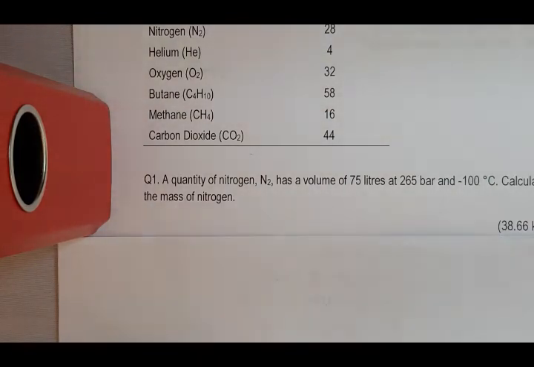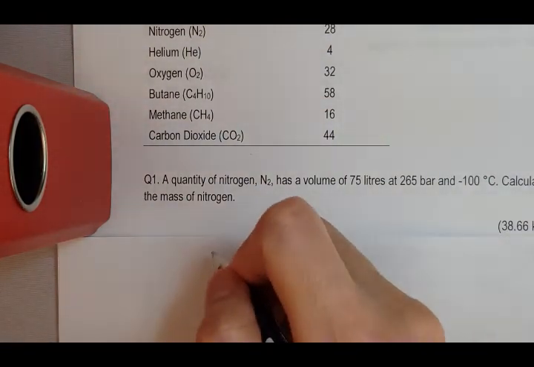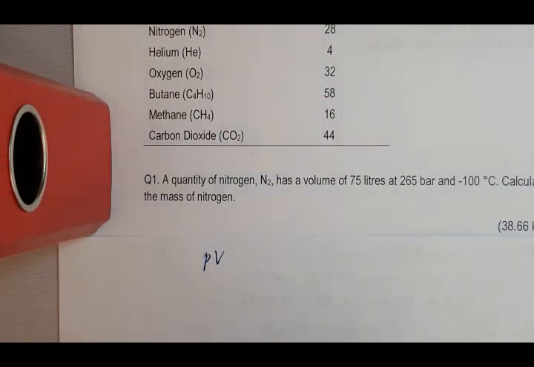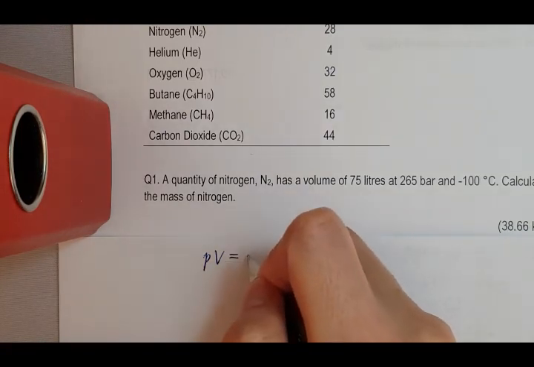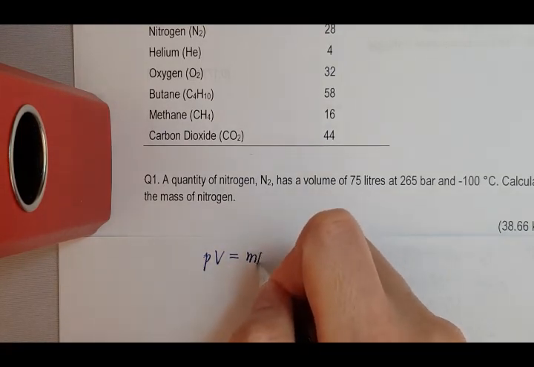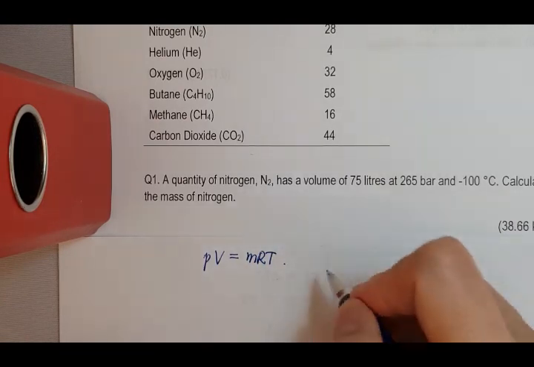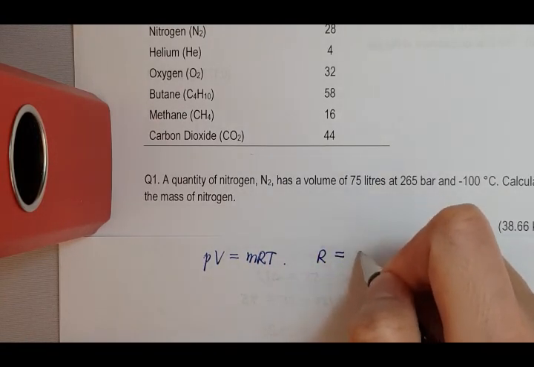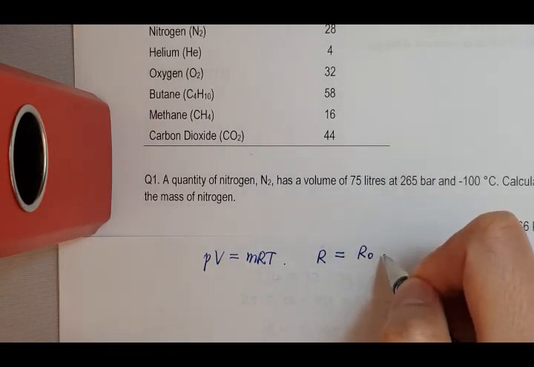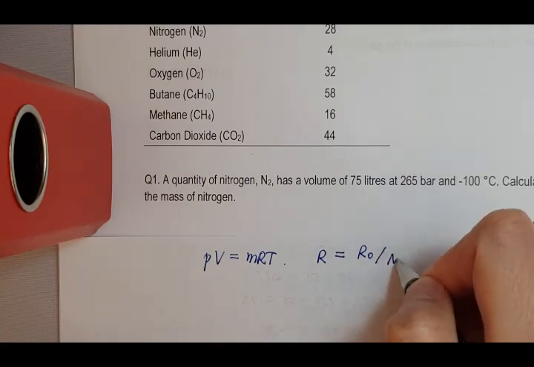Now I'm going to write both equations down here: PV = mRT, and R = R0 divided by the molar mass.